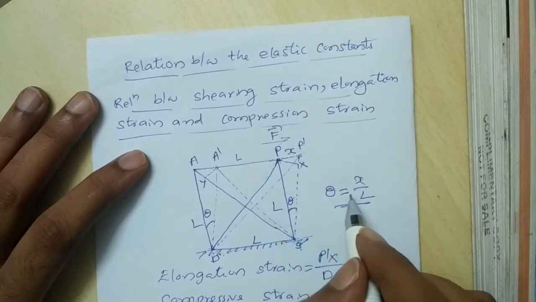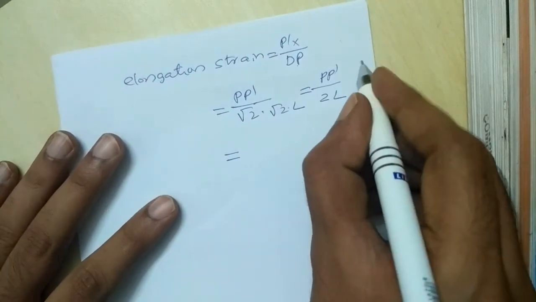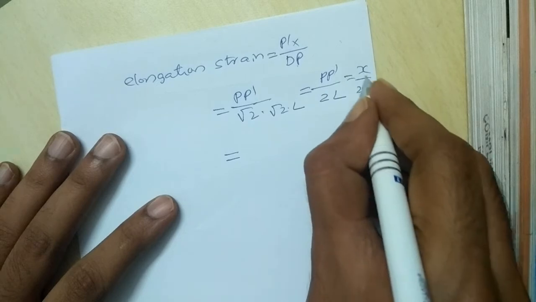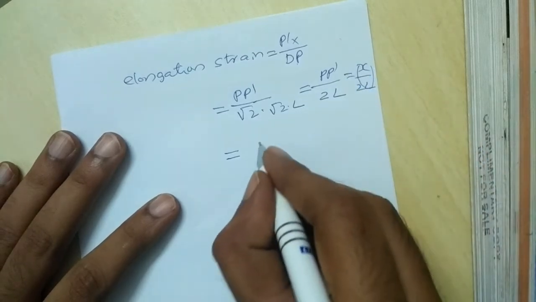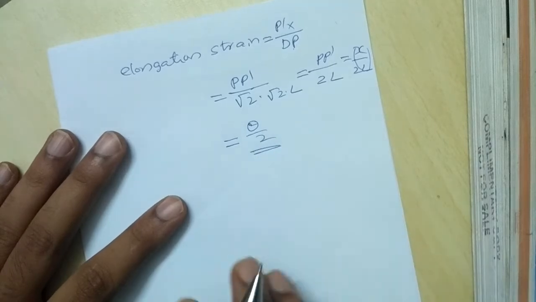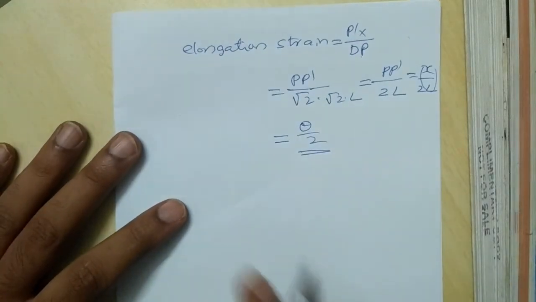So x by L is nothing but theta. So I have PP dash by 2L here. PP dash is x. So this is x by 2 into L, but x by L is nothing but theta. So this is equal to theta divided by 2. So the elongation strain is given by theta divided by 2.